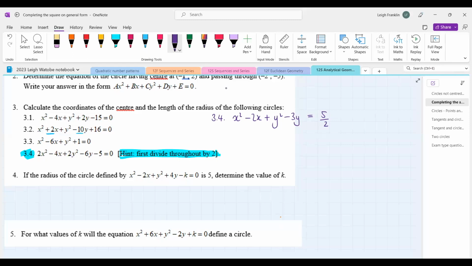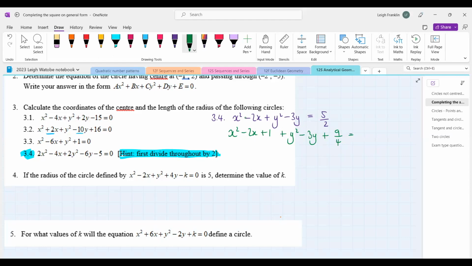Very nice. Good job. And I divided and squared my coefficients of x and y, and I had x squared minus 2x plus 1, plus y squared minus 3y plus 9/4. Nice. Good job.